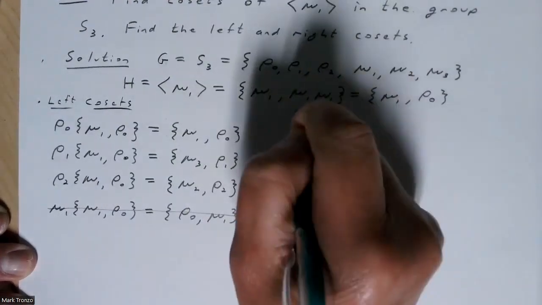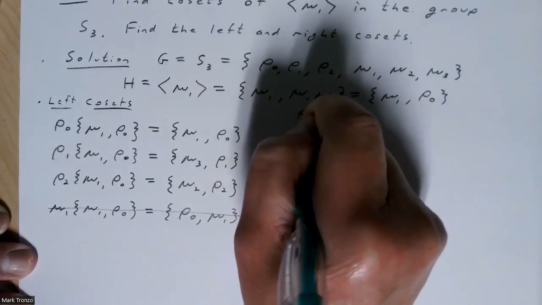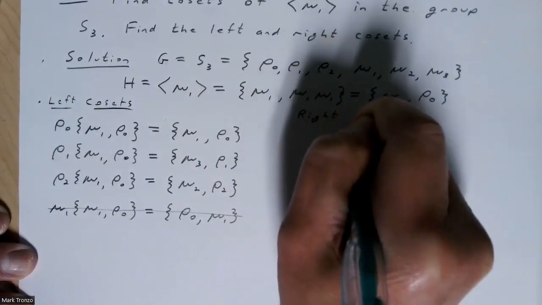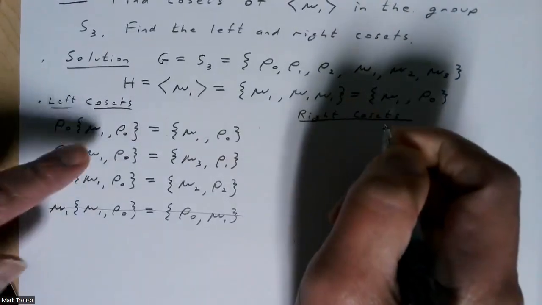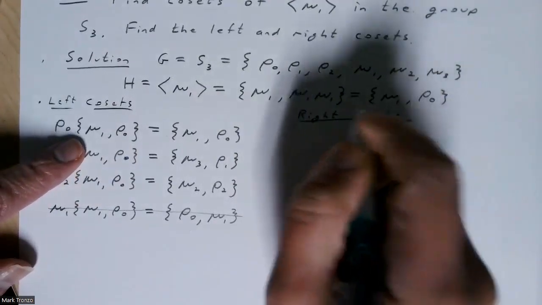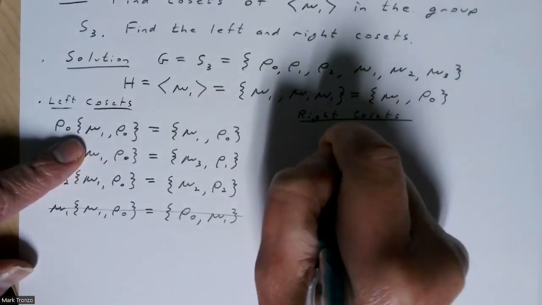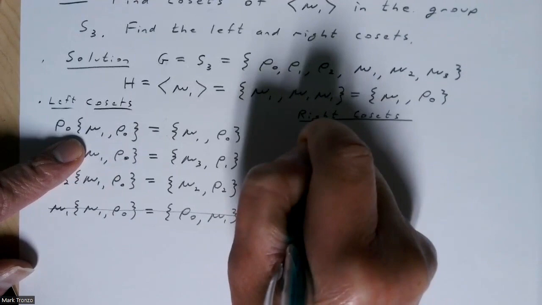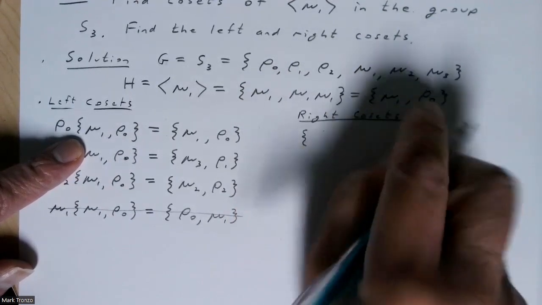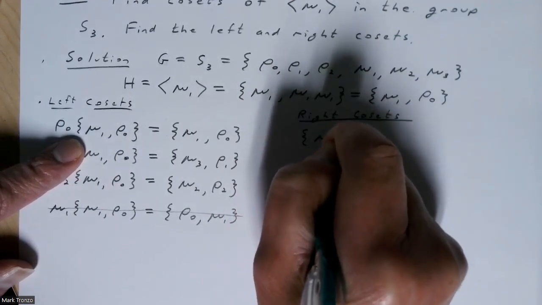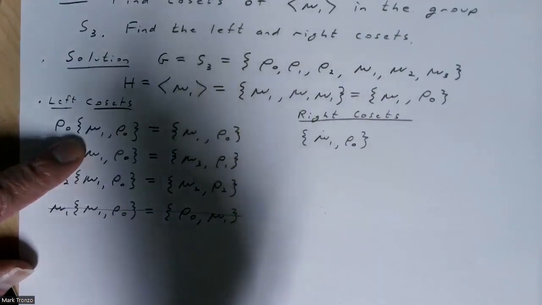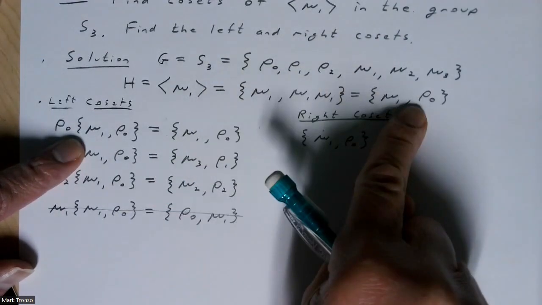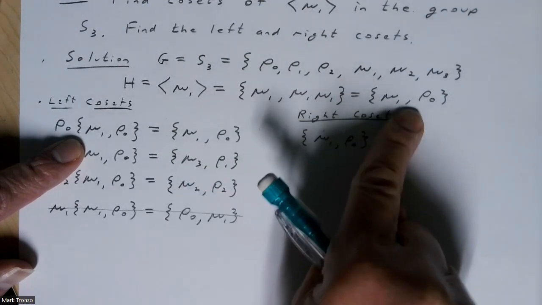And so let's do the right cosets this time. And let's go back here. Multiply these same values on the right. So we're going to take our subgroup and multiply each one of these on the right.